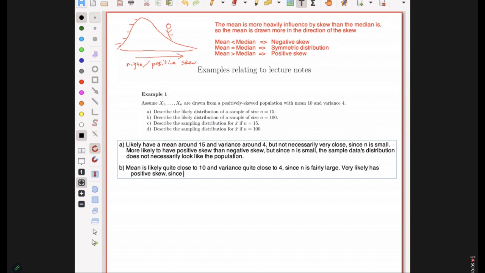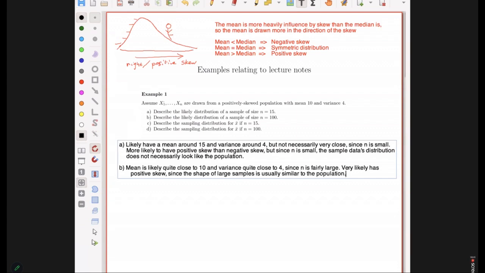since the shape of large samples, and this is not an enormous sample, but it's pretty large, is usually similar to the population.